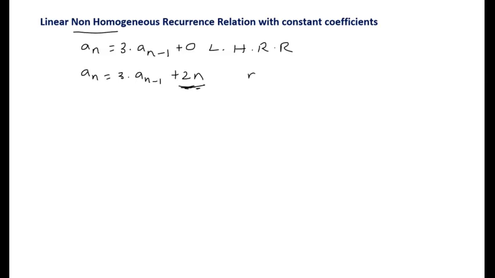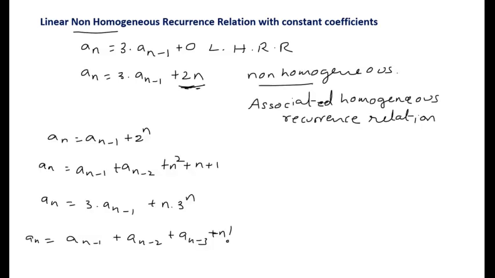So it is non-homogeneous. So here I am introducing a new term called associated homogeneous recurrence relation. Associated homogeneous recurrence relation means the part up to this one. So for this one, a_n = a_{n-1} is the associated homogeneous recurrence relation.